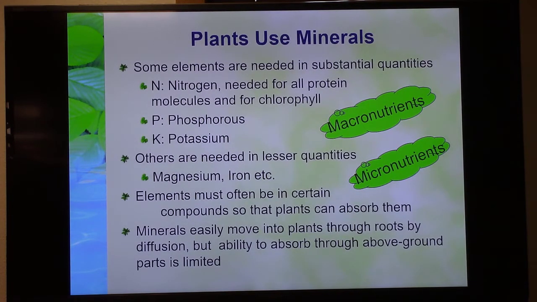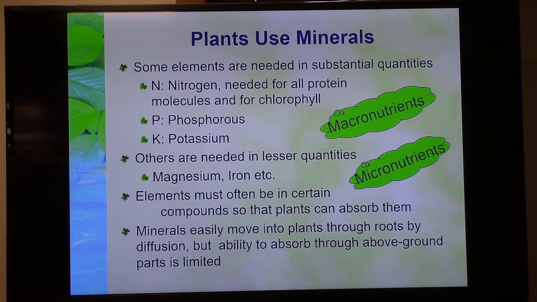Okay, plants use minerals. Tell me if your soils guide didn't cover this pretty thoroughly. You have some things that you need a lot of, and you call them macronutrients, and that's your NPK. You probably got a pretty good lesson on NPK and fertilizers when you look at the numbers on a bag of fertilizer, 10-15-10, or whatever.